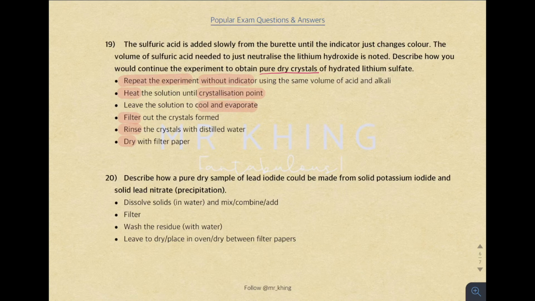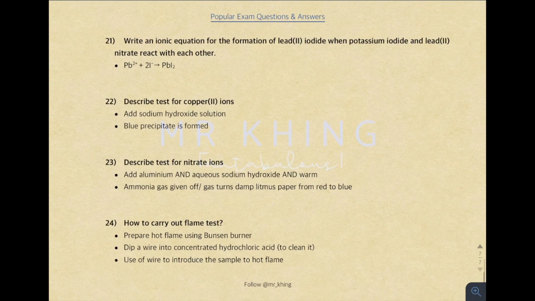So the first thing to do, we have to dissolve both solids in water. And then we mix both solutions together. It will produce the precipitate. We filter out the precipitate, rinse or wash the precipitate with water, and then we dry with filter paper. Okay, standard.